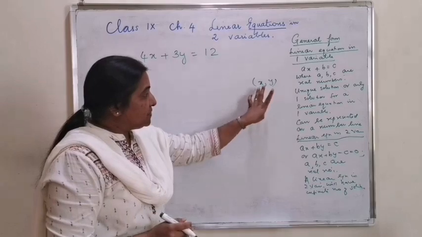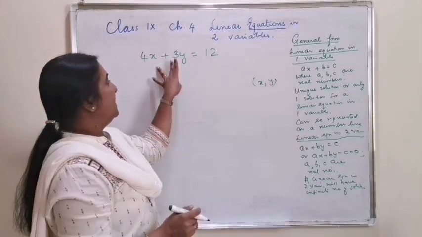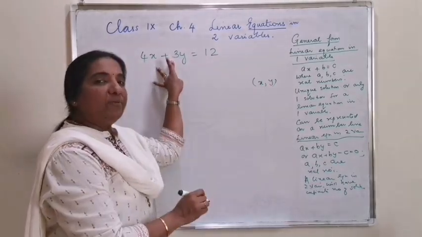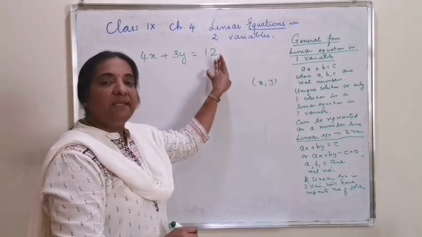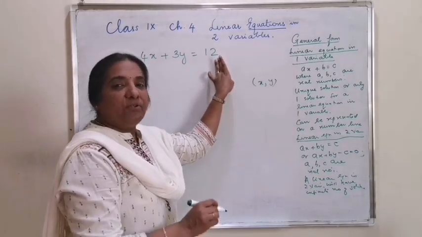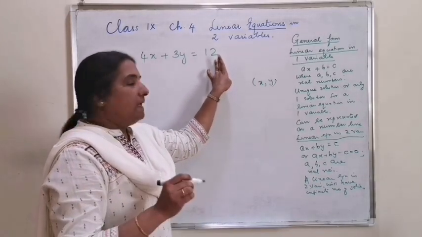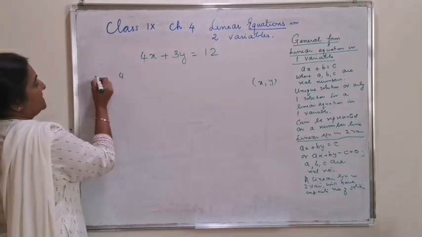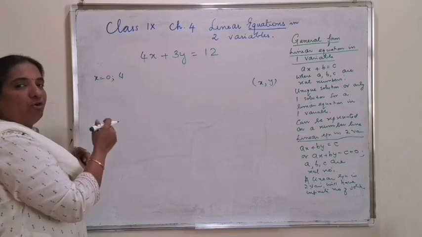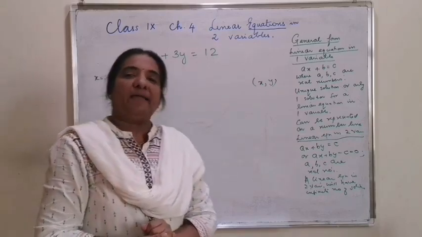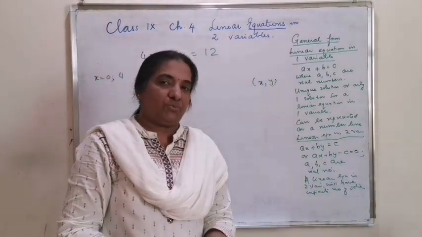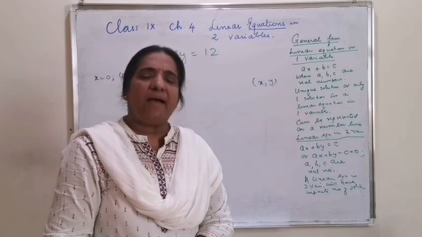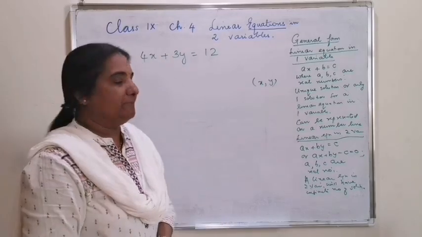That means when you substitute the values of x and y in the left hand side of the equation, it matches with the right hand side, or the value will be 12. Let's take x as 0, or you can also take y as 0 or y as minus 1 and so on. Any value can be substituted.